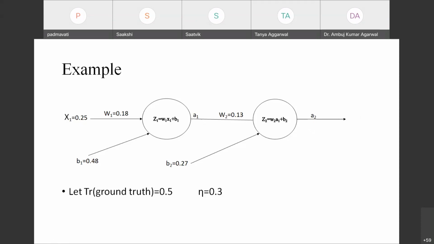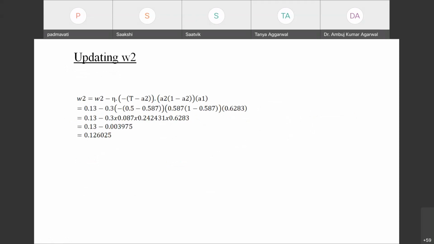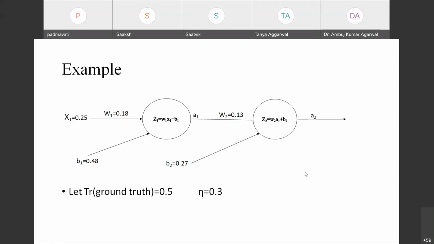Let's see. First you compute it and let me know the answer, because I've only updated it. In the chat box you can paste. With the help of feed forward propagation, try to compute Z1 and A1, Z2 and A2.